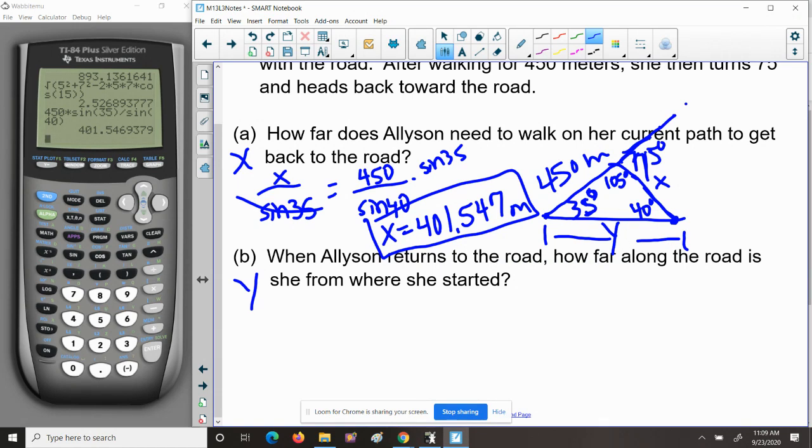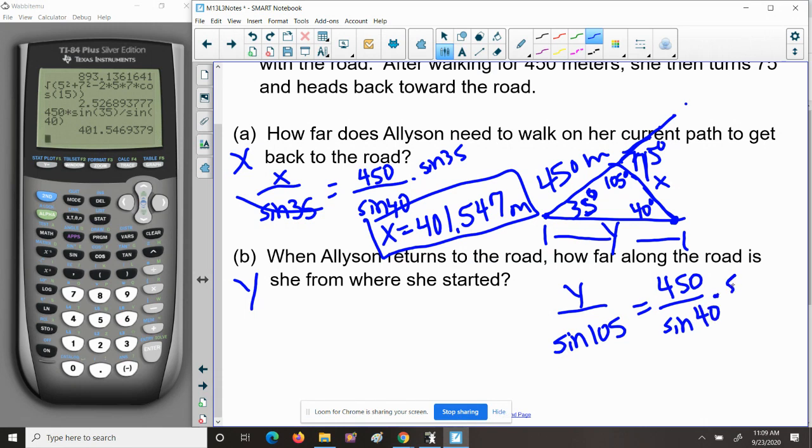We can just set up another law of sines ratio if we would like to. y corresponds to 105. And then we still have 450 corresponding to angle 40. So we could say y over sine of 105 equals 450 over sine of 40.